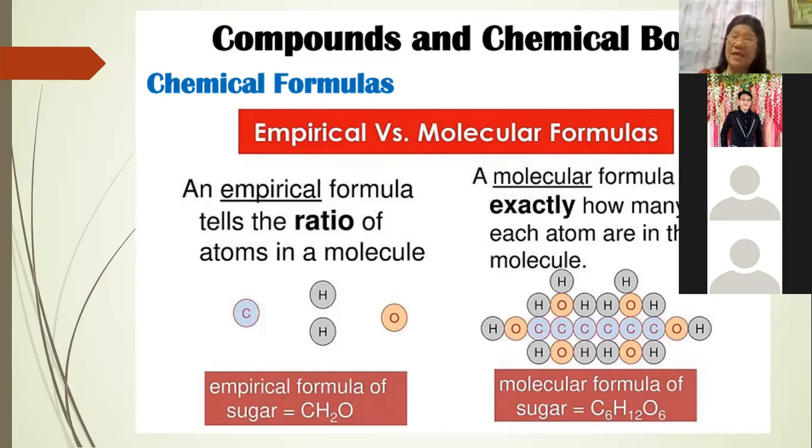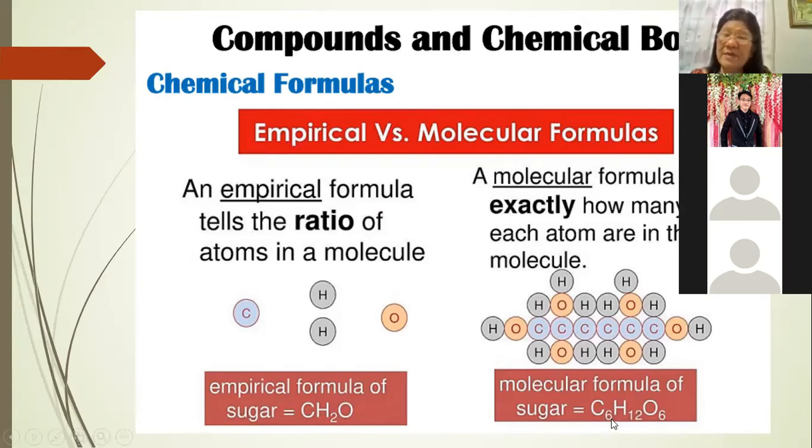For instance, what is the formula of glucose? That is C6H12O6. This is the molecular formula, meaning this is the exact one. But as you look into this, it is divisible by 6. How are you going to get the empirical formula? The smallest ratio, meaning divide this by 6.